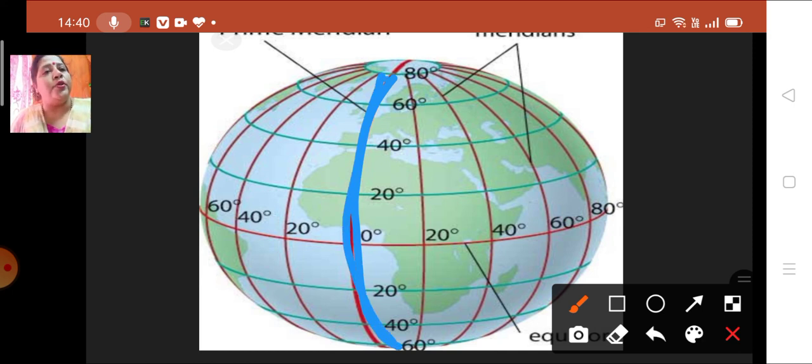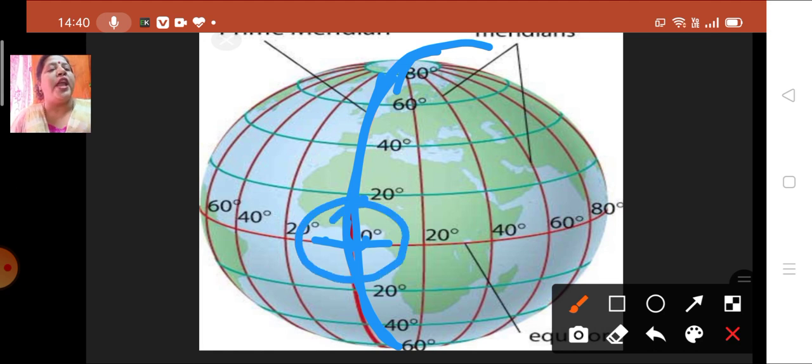Exactly opposite to this is your 180 degree meridian. If the 0 degree meridian is ending over here, then exactly opposite to it we have the 180 degree meridian.